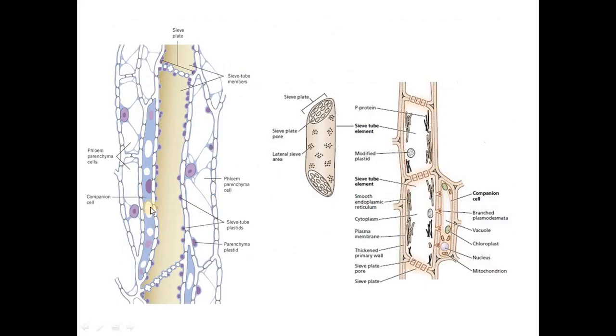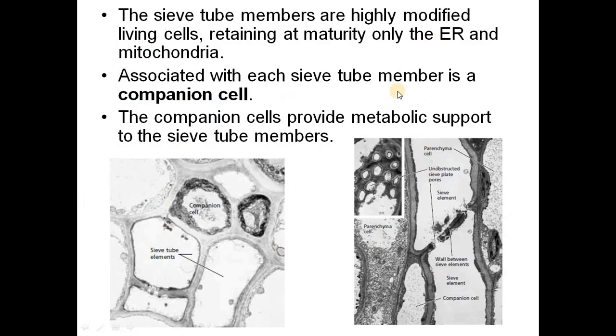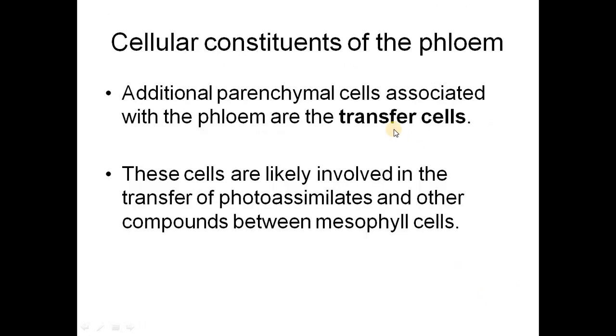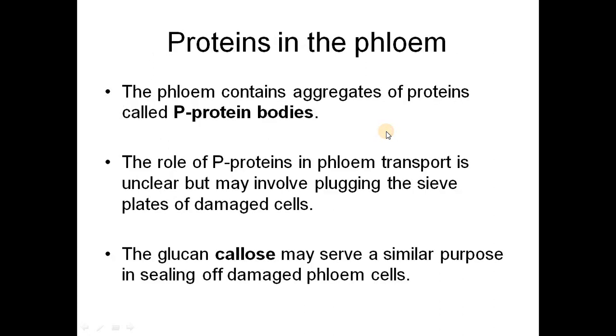There is another type of cell called a transport cell, and I'm trying to see if I have a picture with that. So transport or transfer cells are additional cells, and it's very hard to differentiate them from the companion cells, but this is just another type of cells which are used in aiding the phloem in transporting those sugars.